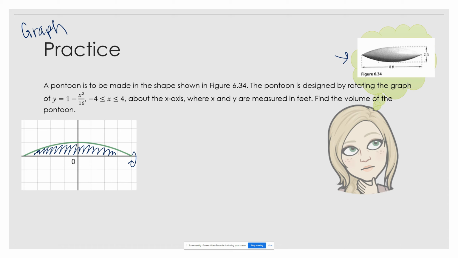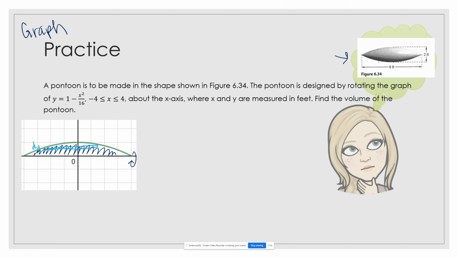So right now, we're in the position where we need to decide which method we are going to use and why. If we were to use the shell method, because that's what we've been talking about, we would be cutting rectangles like this, and then we'd be doing it in terms of dy.